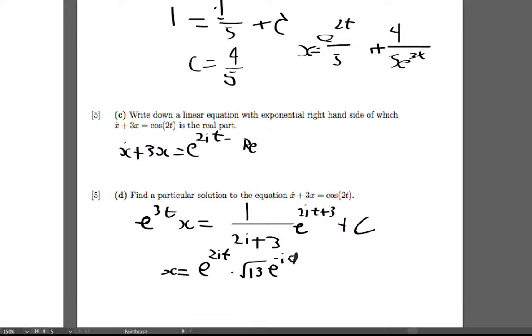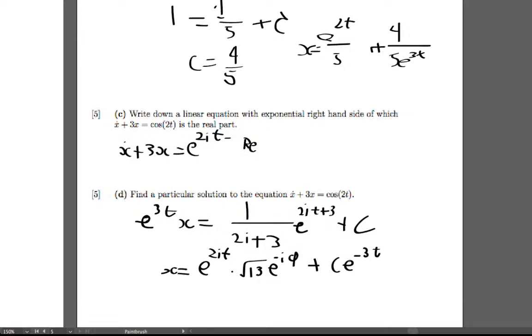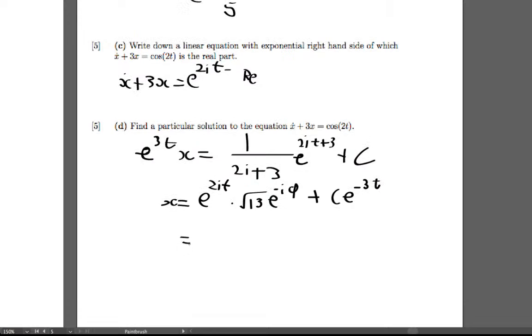I would state this guy as phi, plus c of e to the power of negative 3t, which would equal square root 13. So we got multiple i's there. We are just going to be computing the real part, so cosine of 2t minus phi plus c e to the power of minus 3t.